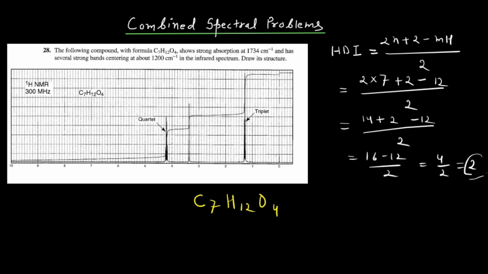So what is the meaning of an HDI of 2? When you have an HDI of 2, you have these 3 possibilities. First, 2 double bonds may be present in your compound.